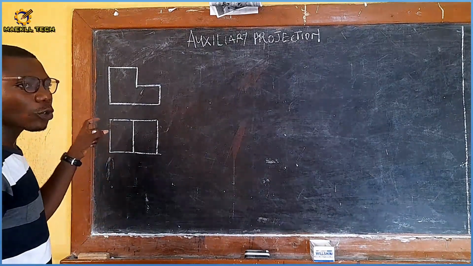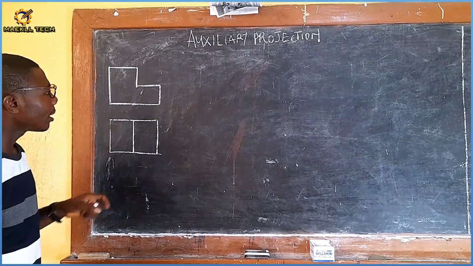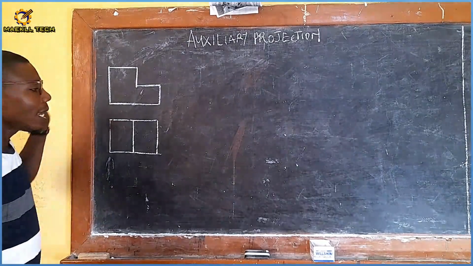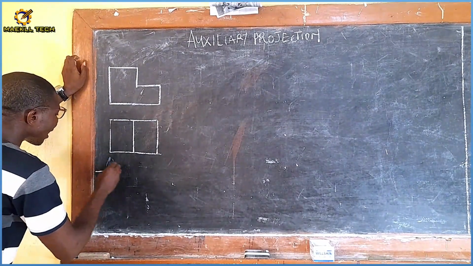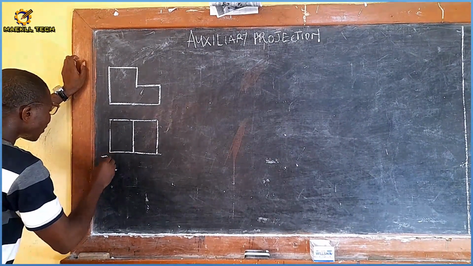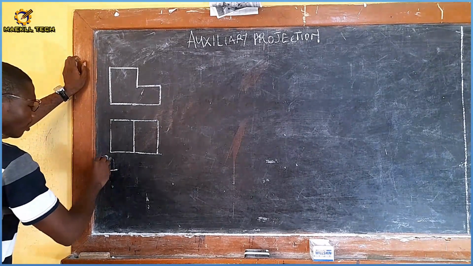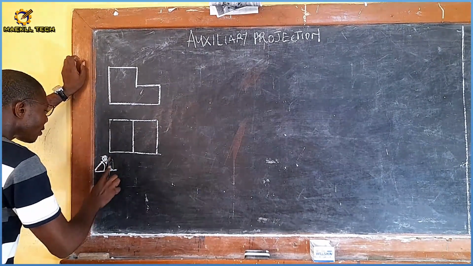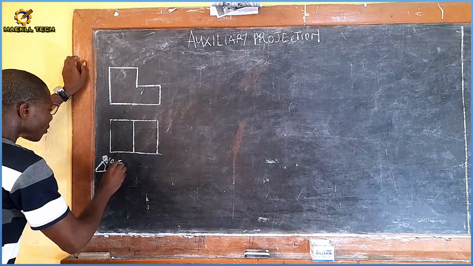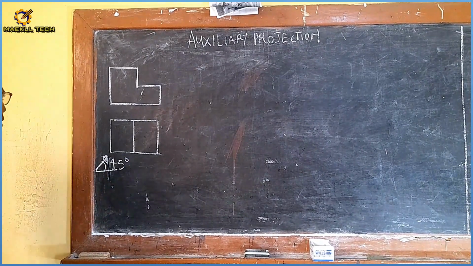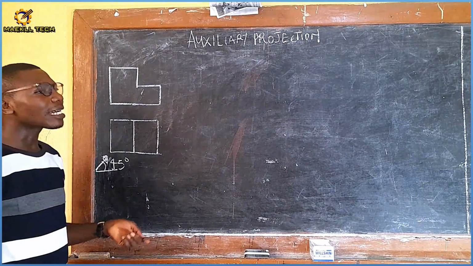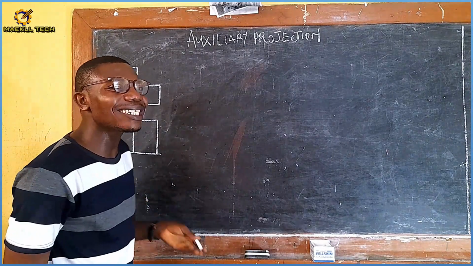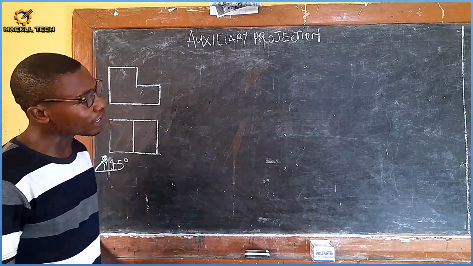So these are two views of an object, the front and the plan. And now I was given an arrow in this area like this, let's say at 45 degrees. What does this imply? This implies that I am to show the auxiliary elevation of this object.